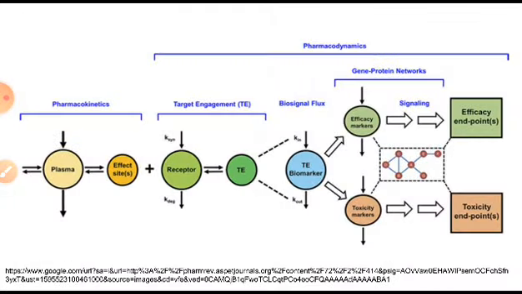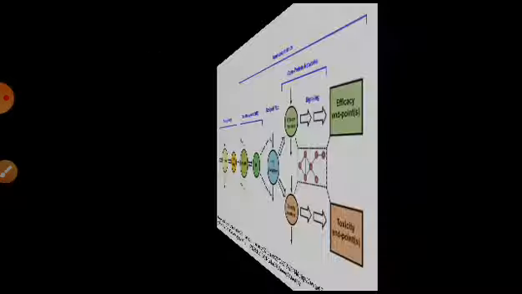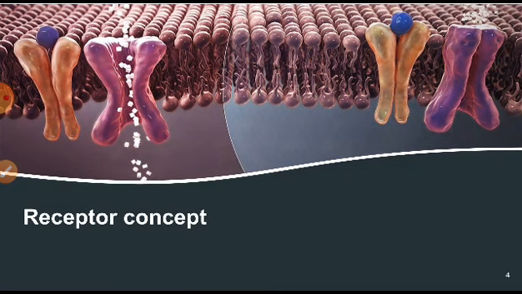This is the same diagram I showed you in part 1, which gives you a clear idea of how the pharmacodynamic process works to get the final effect of the drug. So we'll move on with the receptor concept.